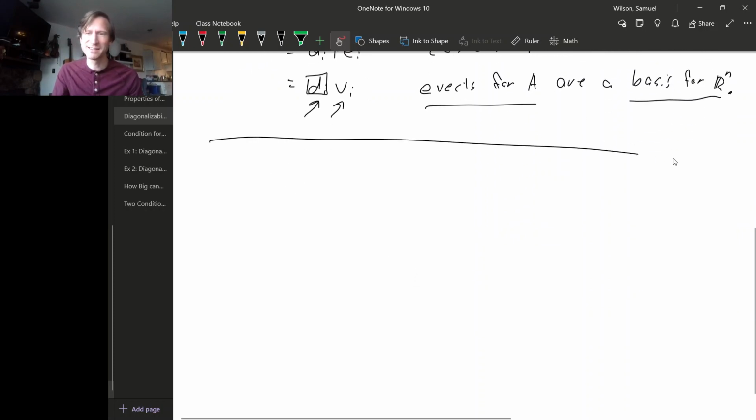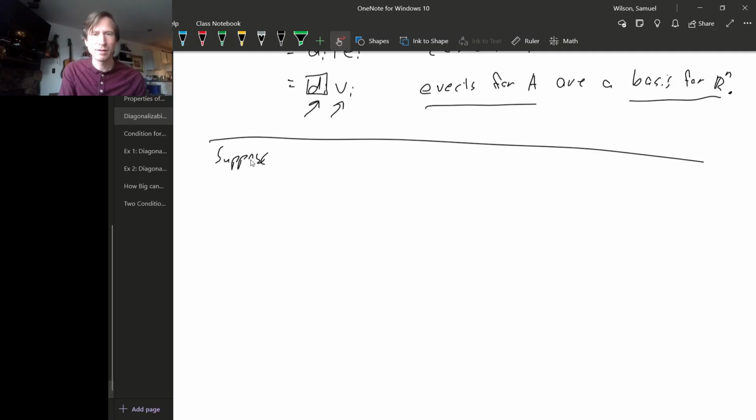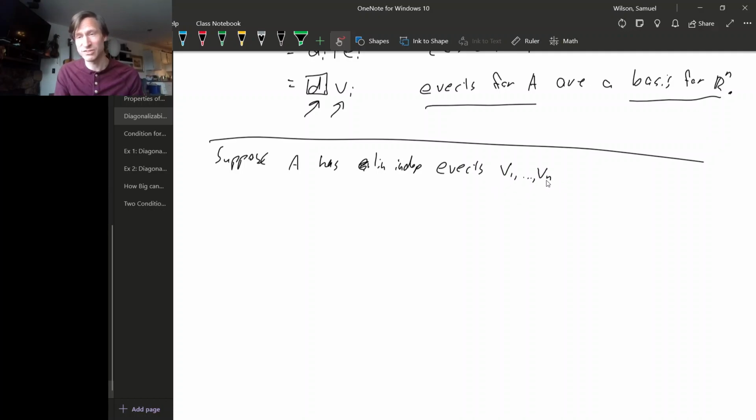Well, let's check. So suppose that A has linearly independent eigenvectors v1 through vn. By assuming these eigenvectors are linearly independent, since there are n of them, that means that these eigenvectors form a basis for Rn.